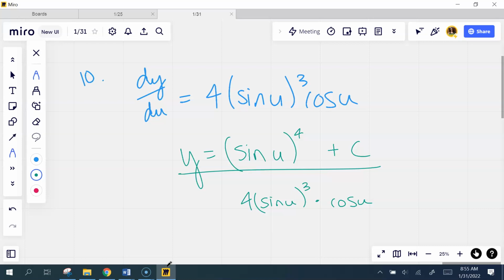But you have to determine which part of it came from being chain ruled. That's the challenge there. He was saying, should I just ignore the cosine u portion of it? Well, you have to determine which portion is coming from the chain rule portion instead of just the original function portion.